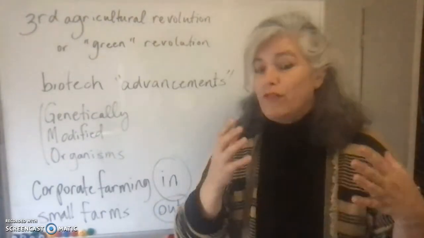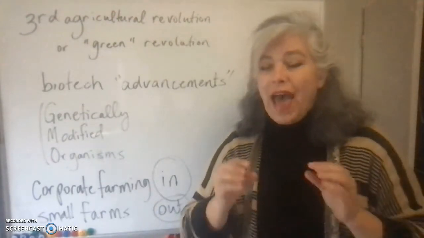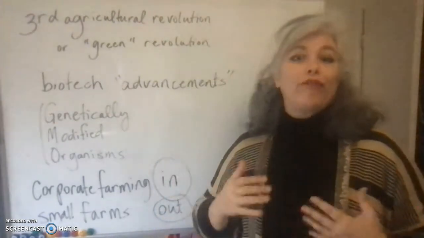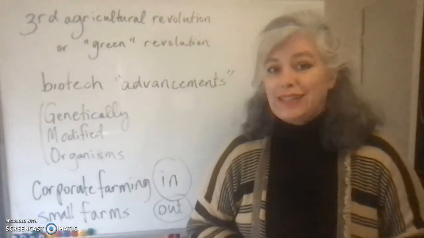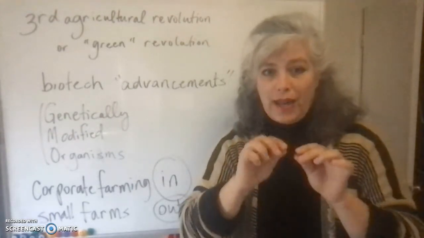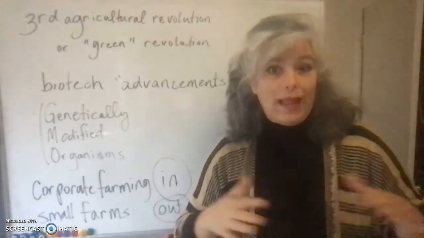Roundup. You've probably heard of that herbicide that has really dominated the agricultural world in the corporate farming realm over the last several decades. So Roundup is an herbicide that will kill plants.